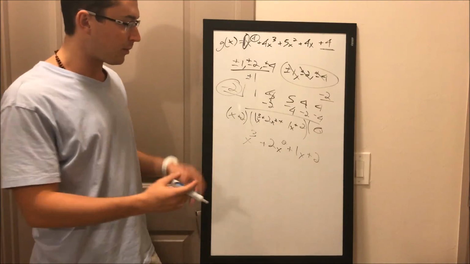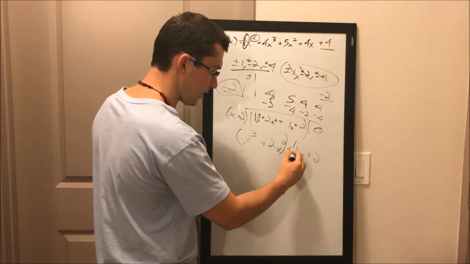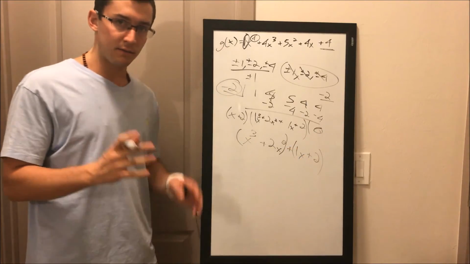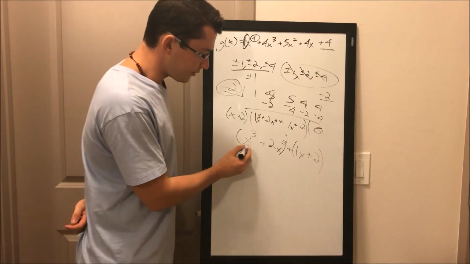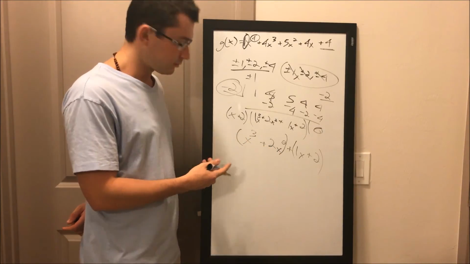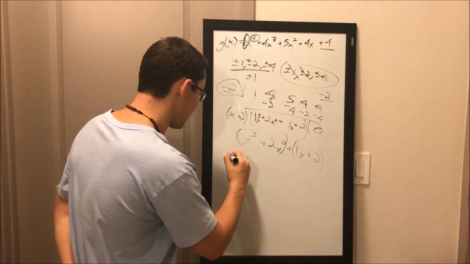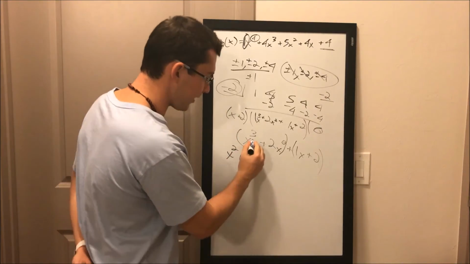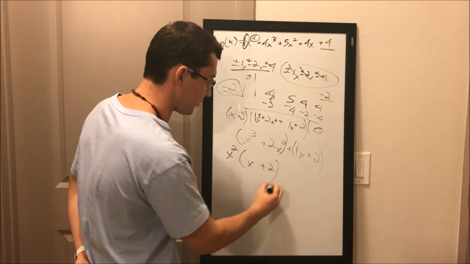Factor by grouping is normally when I have 4 terms, I can separate them out and pull out what works with each of them. For instance, what do these two have in common that I can pull out? X squared. So when I pull out x squared, what's left? X plus 2.